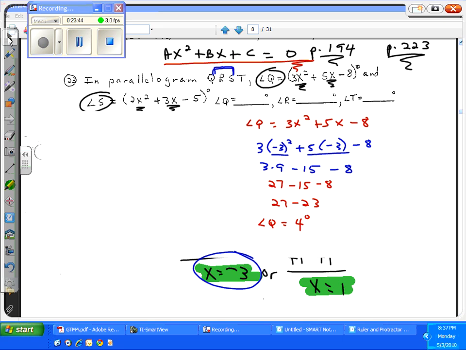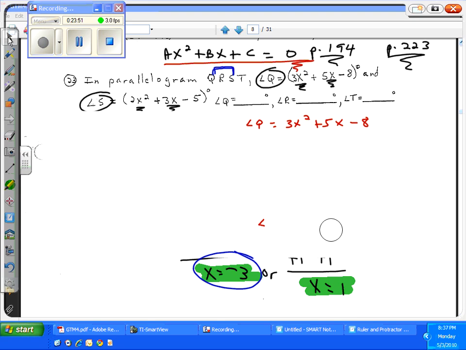Now, let's plug in the 1 and see what we get. If we plug in the 1, then we would have 3 times 1 squared plus 5 times 1 minus 8.